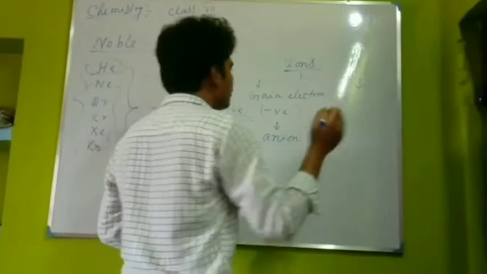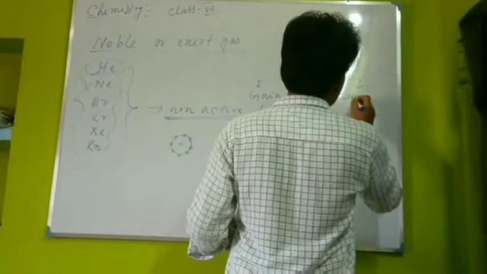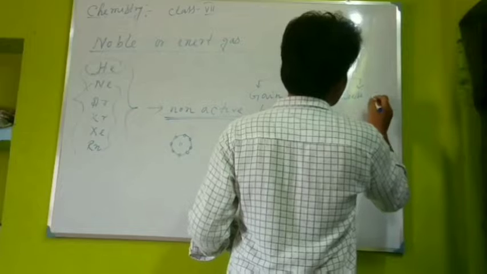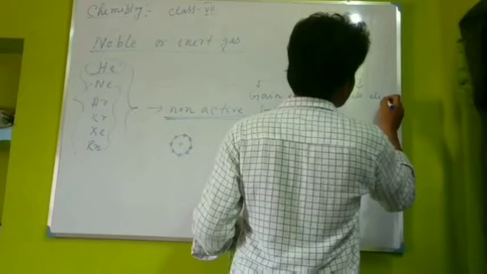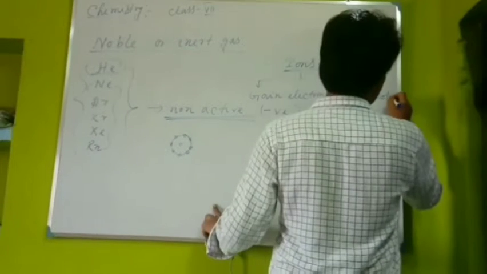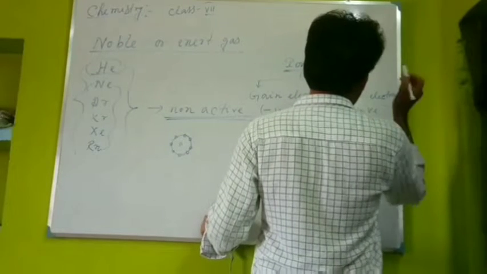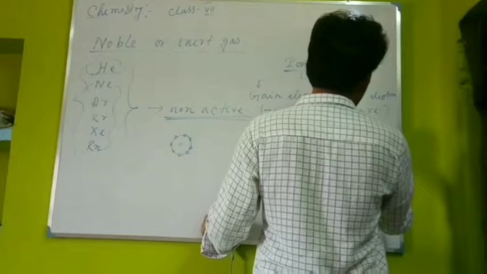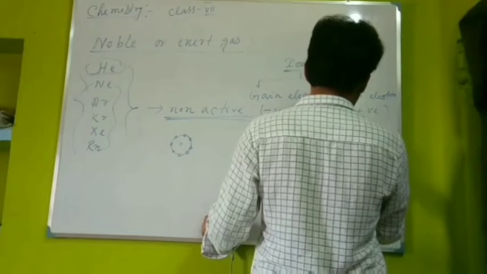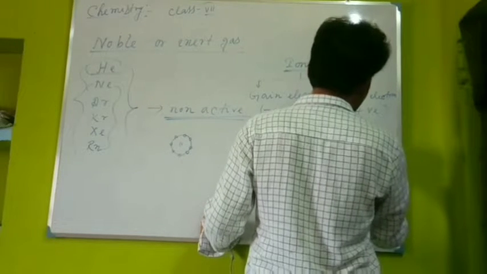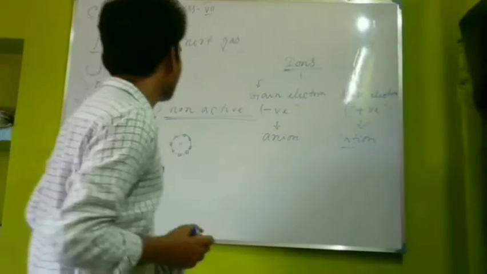And when it loses electrons, it becomes a positively charged particle and is called a cation.